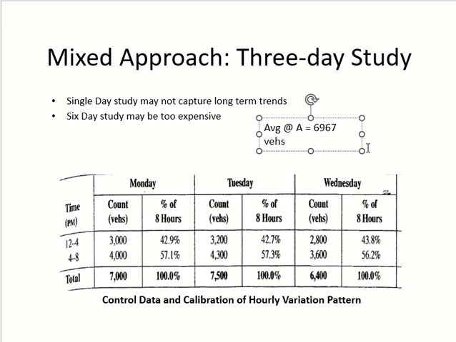Okay, total number of vehicles in 8 hours. Okay, clear? Any problem till now? So this is the average of 3 days, and each day had 8-hour volume. Each day had 8-hour count, right? Clear? Janan? Clear?